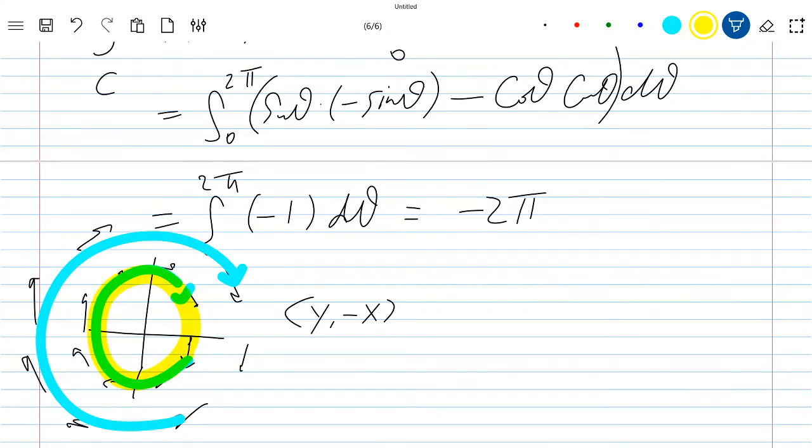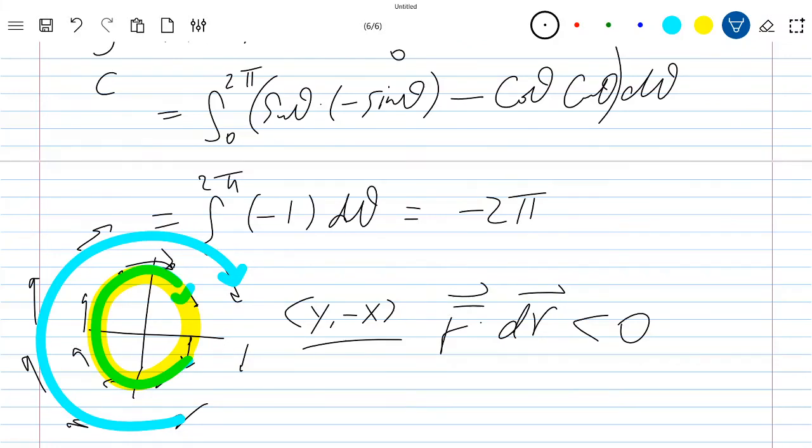Well, you will see that this F is actually anti-parallel, less than 0, because this is F, and that's dr, because our circle is in the counterclockwise direction.